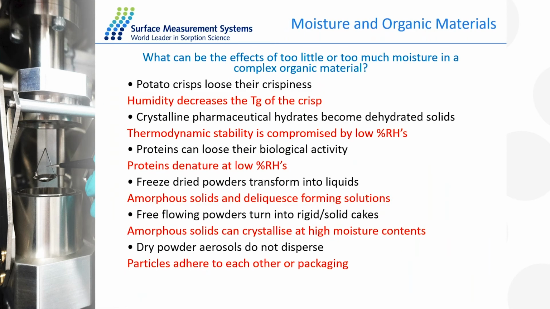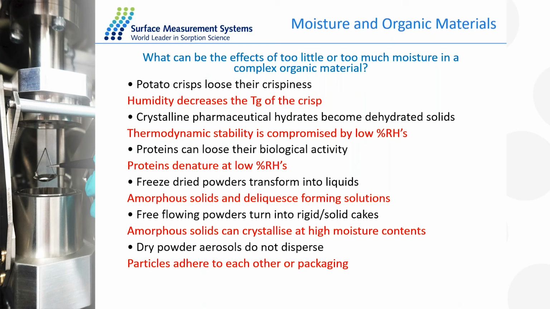So in the case study, we're looking at how moisture can affect the properties of some materials, and what can be the effect of too little or too much moisture in a complex organic material. In the case of some food samples, for example potato crisps, introducing humidity can make them lose their crispiness, and it decreases the glass transition temperature of the crisp.